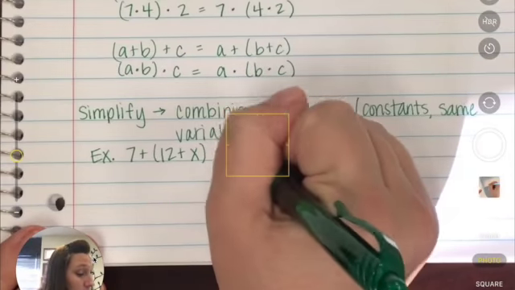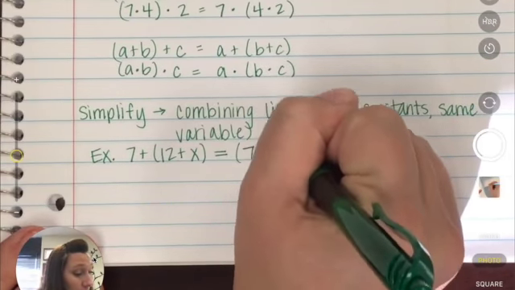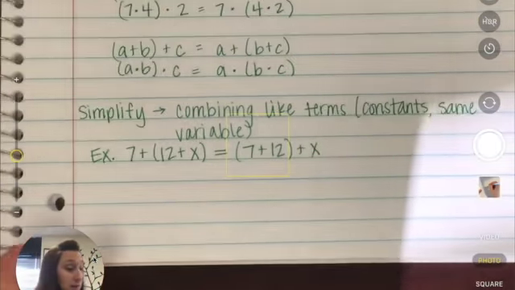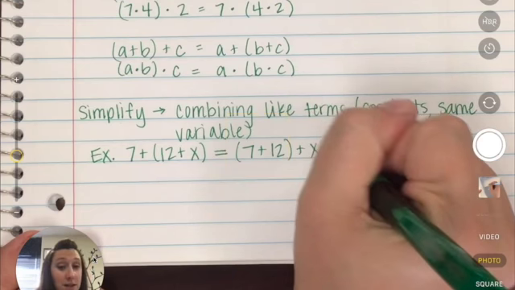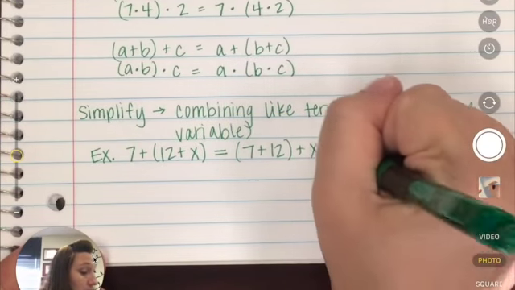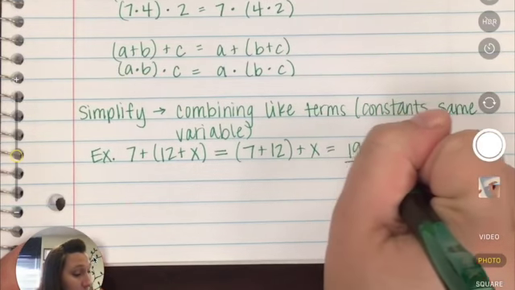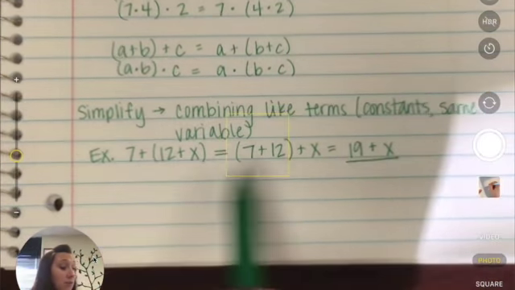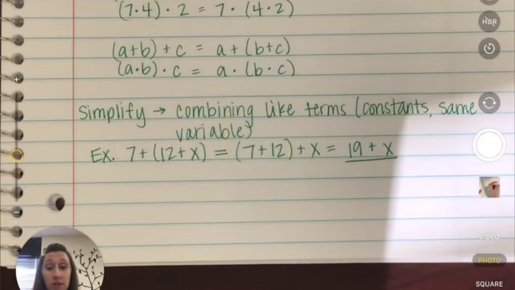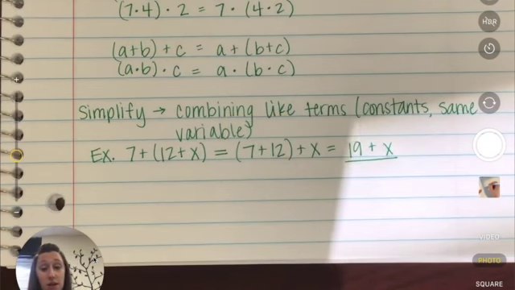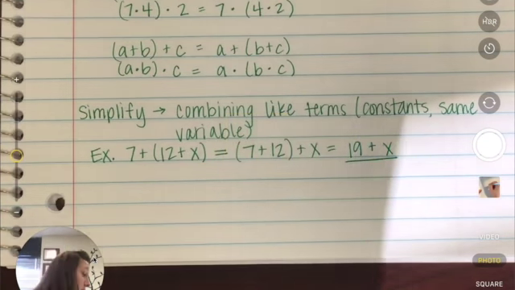So I can group the 7 plus 12 and then add x on the outside. Then I can simplify inside the parentheses, and this will be 19 plus x. That's my simplified answer. All three of these expressions are equivalent. They all have the same value, so as long as I put in the same value of x for all of those expressions, they're going to be equivalent.